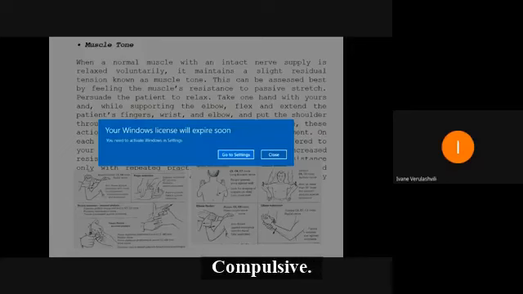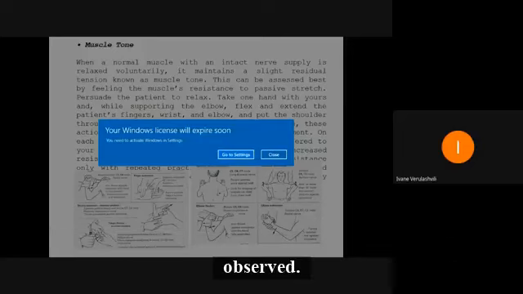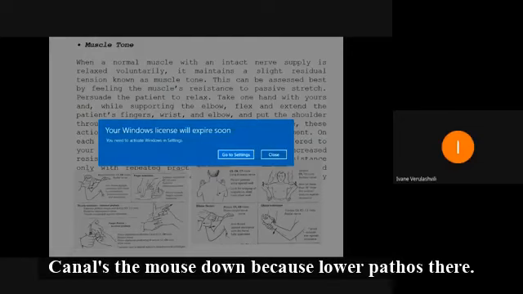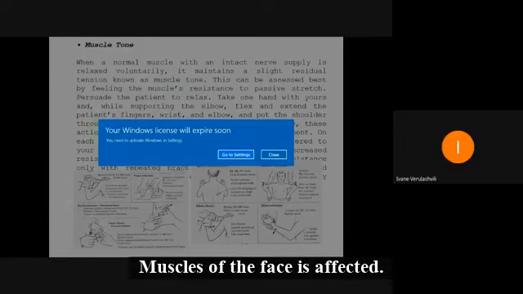In central palsy of half of the facial nerve, on the side opposite from the process there will be observed the drooping of the corner of the mouth down, because the lower part of the muscles of the face is affected.